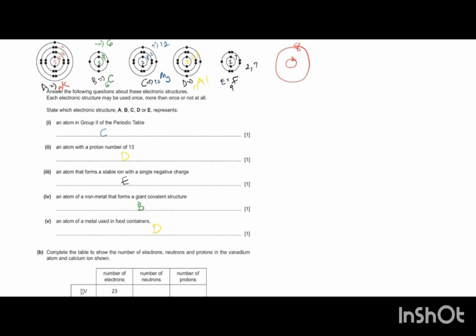We have to show the number of electrons, protons, and neutrons in the vanadium and in the calcium ion. Vanadium has 51.